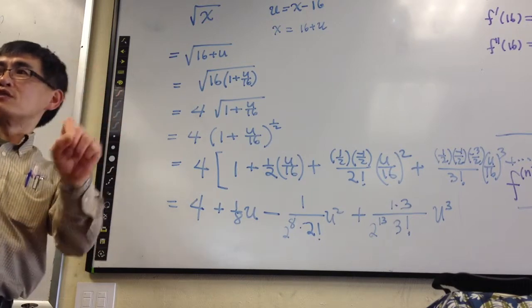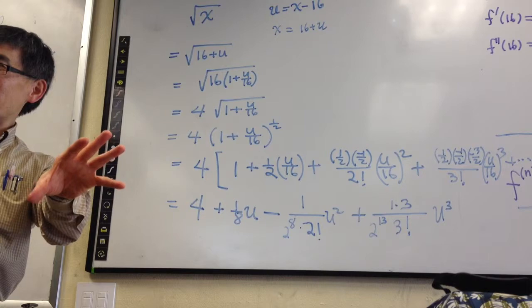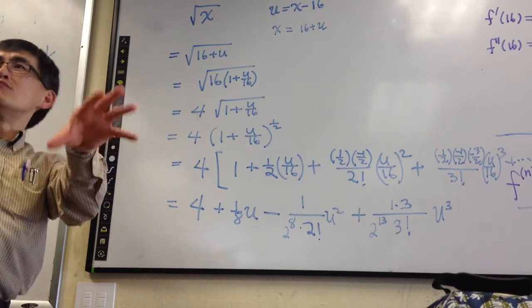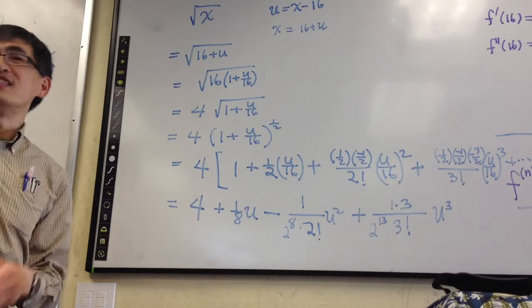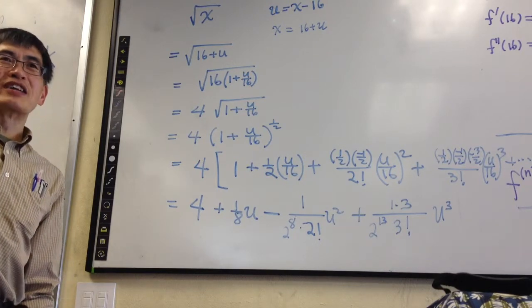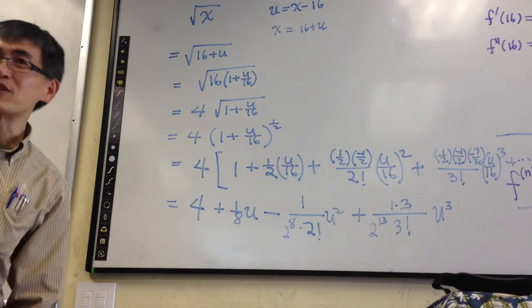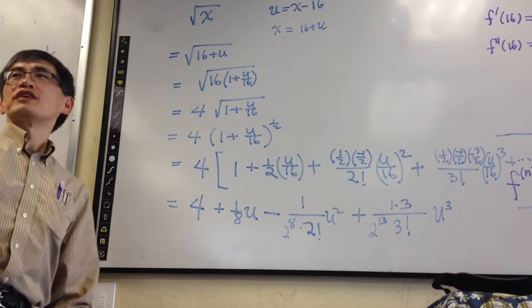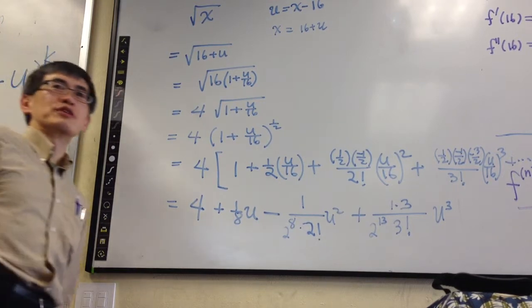So 16 plus u. So essentially you want a power series in u. And then in the end, you recall that u means x minus 16, and then put it back. And this way you save the trouble of writing a lot of x minus 16. So it's cleaner. And only before you report the answer, you replace by x minus 16. That's easier to do the algebraic work.